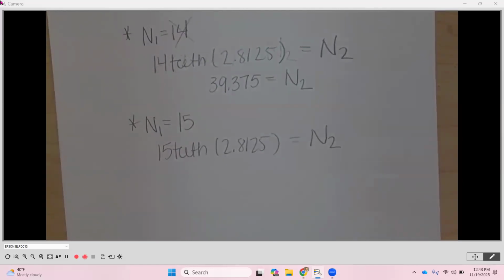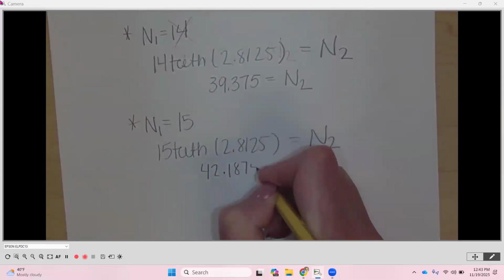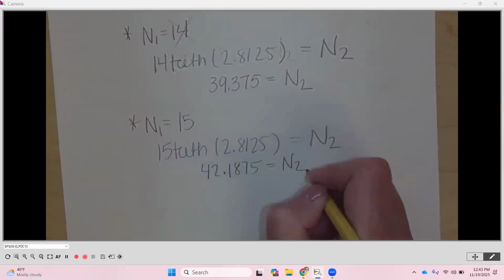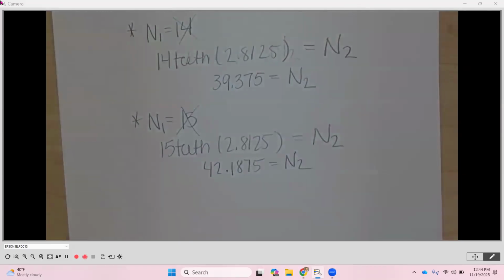So 15 times 2.8125 is 42.1875. Is that one going to work, without even looking at our chart? No, because I've got this decimal, so that one's not going to work.